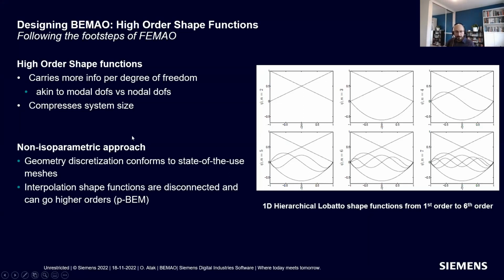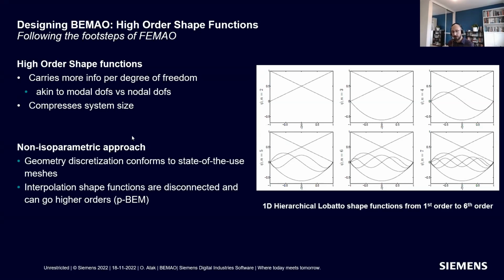I will also show this compression capability, how far we can actually compress using these high-order shape functions. But there's, of course, a bottleneck first if you want to do a classical isoparametric approach, because our geometrical discretizations are driven by state-of-the-art meshes. So what we are going for is the non-isoparametric approach, which is also known as basically p-version.